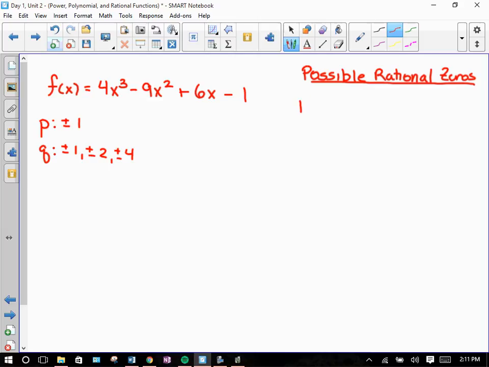So it's going to be 1 divided by 1, which is plus or minus 1. Plus or minus 1 divided by positive and negative 2 is positive and negative 1/2. And then positive and negative 1 divided by positive and negative 4 is positive and negative 1/4.